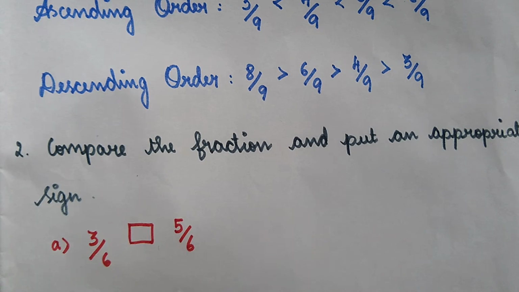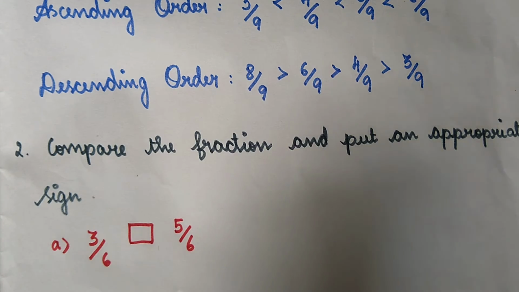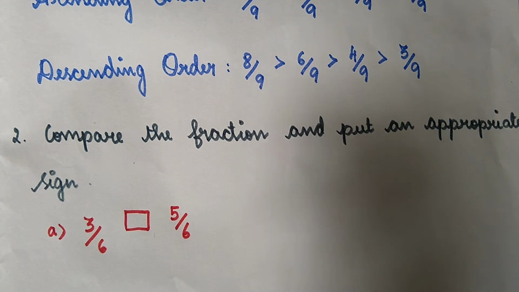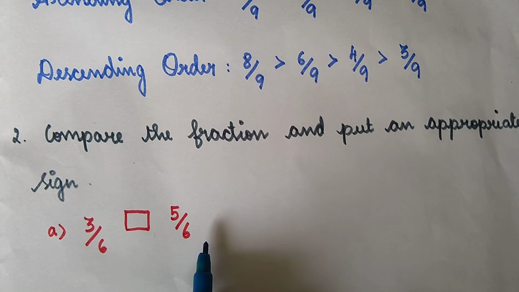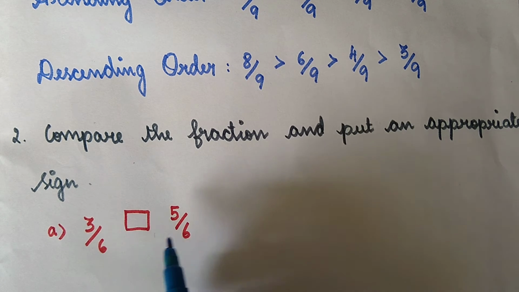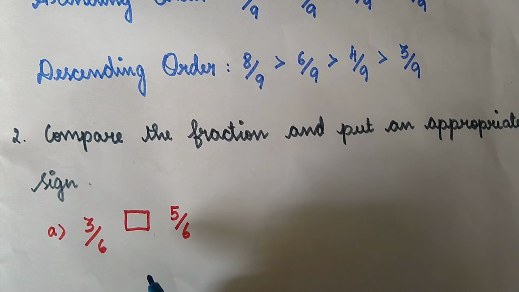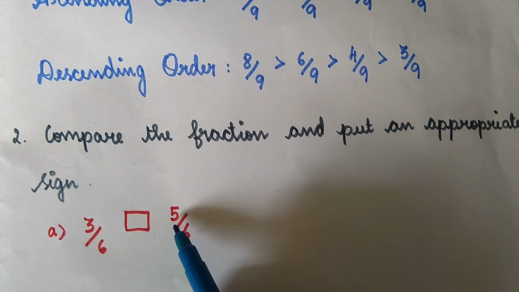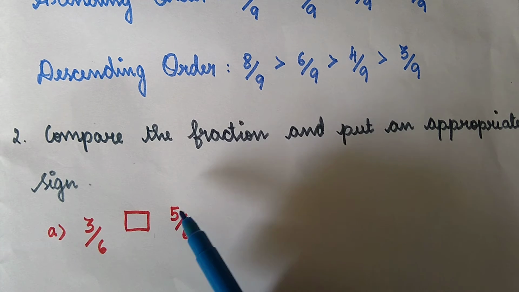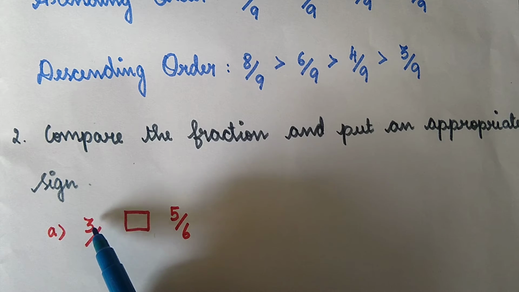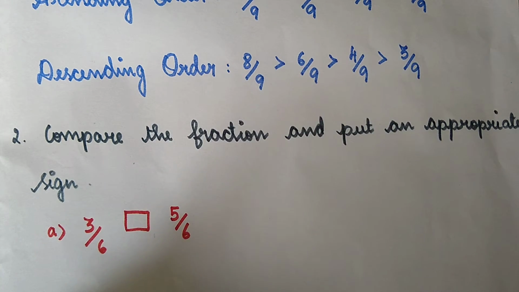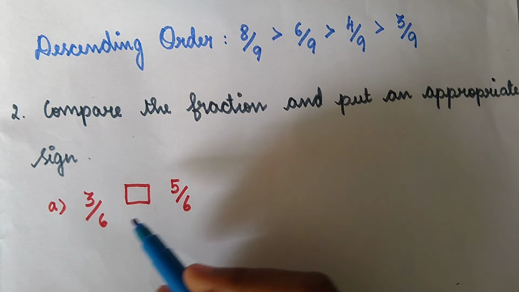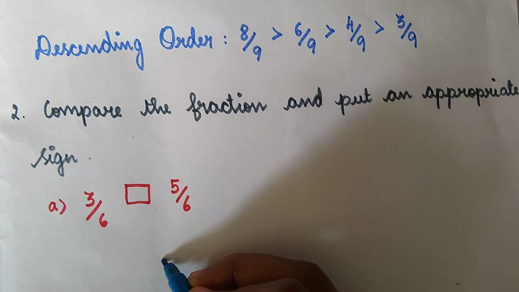So we have to compare these two numbers, 3 by 6 and 5 by 6. Here 3 by 6 and 5 by 6 are like fractions because they have the same denominator, 6. Now compare the numerators. Here the numerator 5 is greater than the numerator 3. So 5 by 6 is greater than 3 by 6.